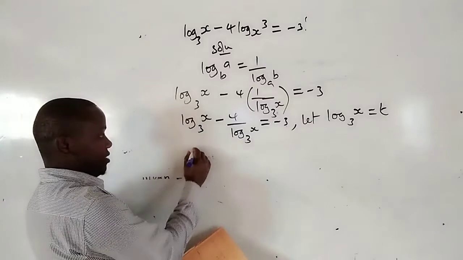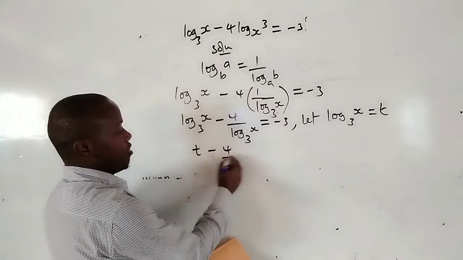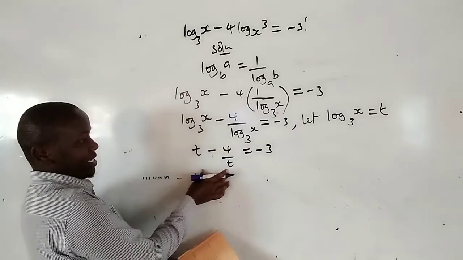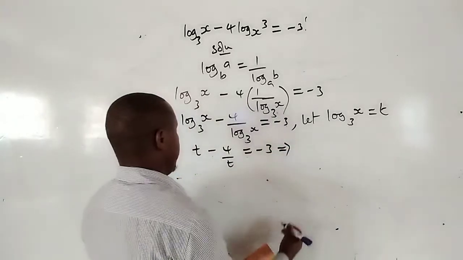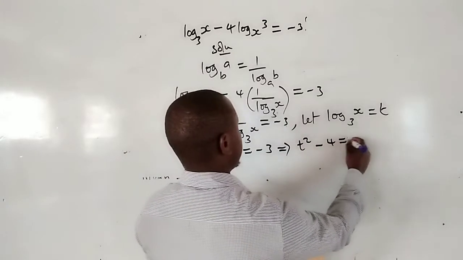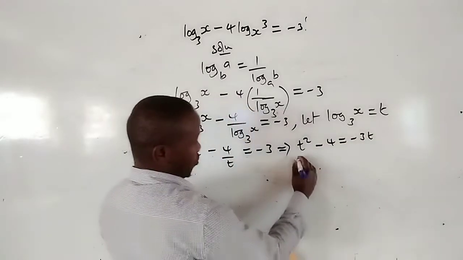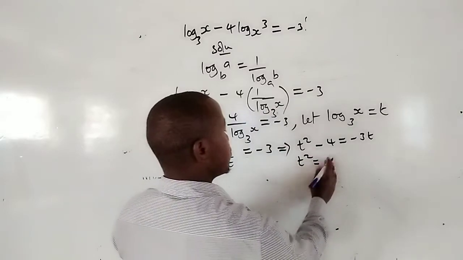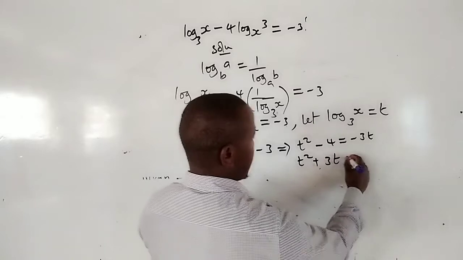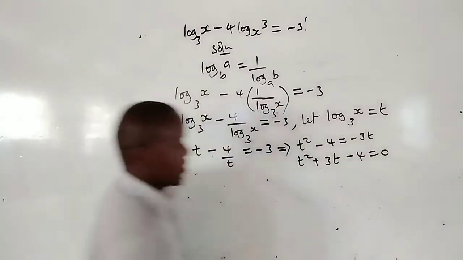Therefore this will be t minus 4 all over t is equal to negative 3. Multiplying through by t, we have t squared minus 4 is equal to negative 3t. So t squared plus 3t minus 4 is equal to 0.